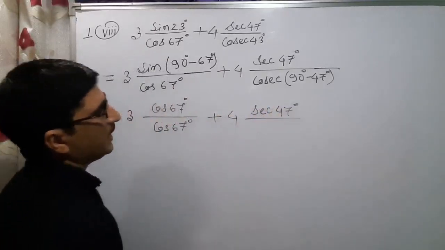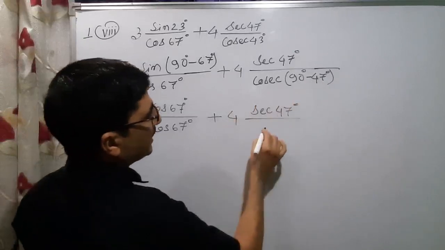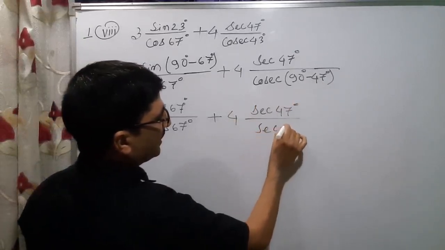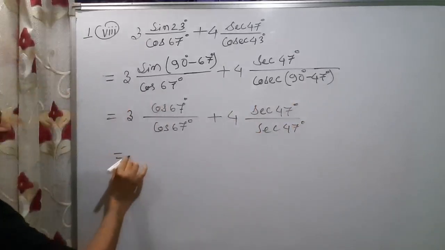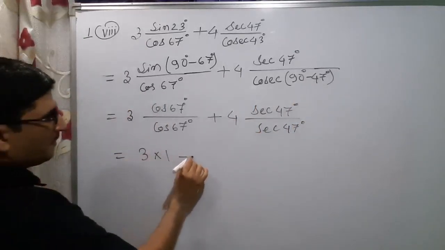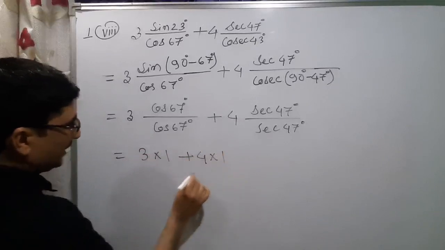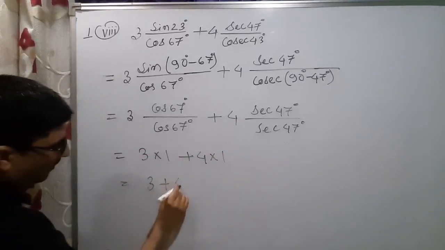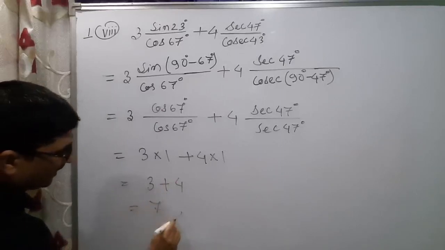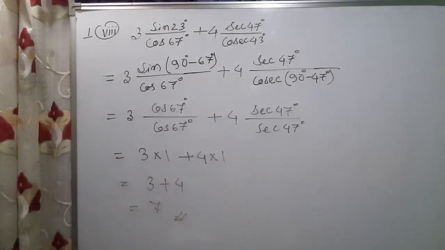Sec 47 degrees by cosec of 90 minus 47, which is again sec 47. Am I right? Yes. Now what happens here? It is 3 into 1 plus 4 into 1. That is 3 plus 4, which is equal to 7. So your answer is 7. Similar question, no change.